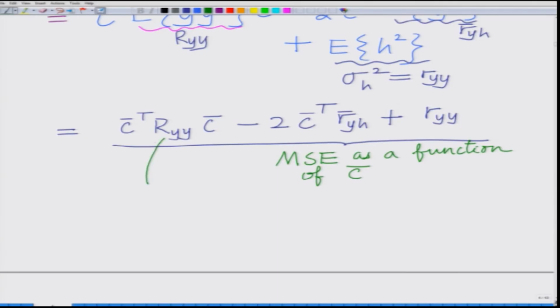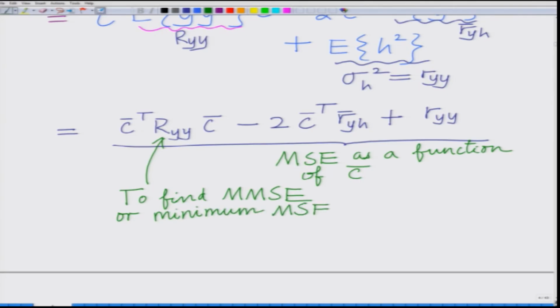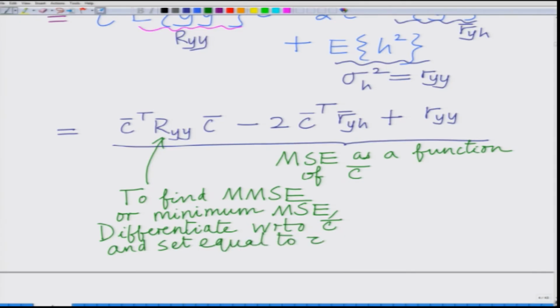Therefore, we have to find that C bar which minimizes the mean squared error, which means we have to differentiate this with respect to C bar and set it equal to 0, to find the MMSE.